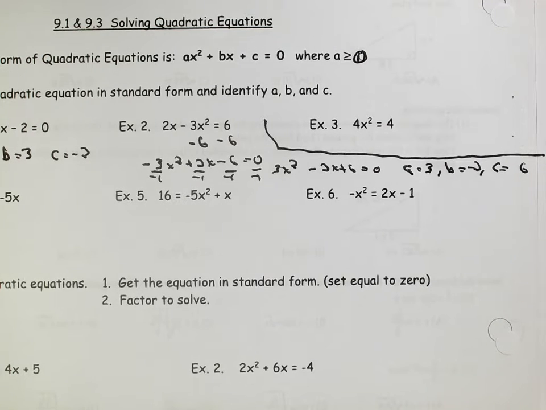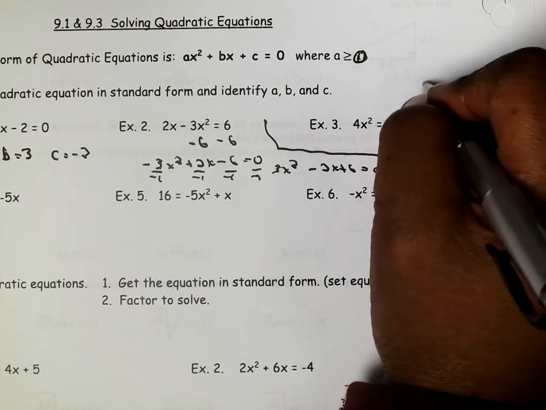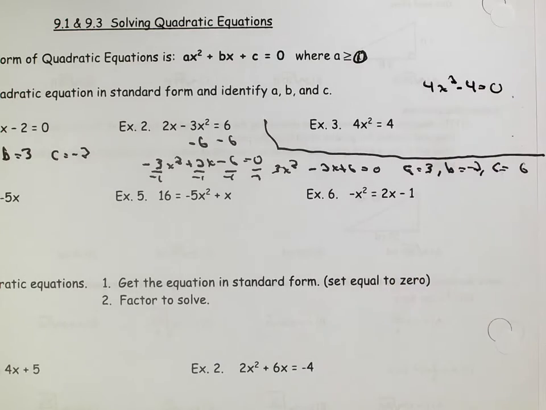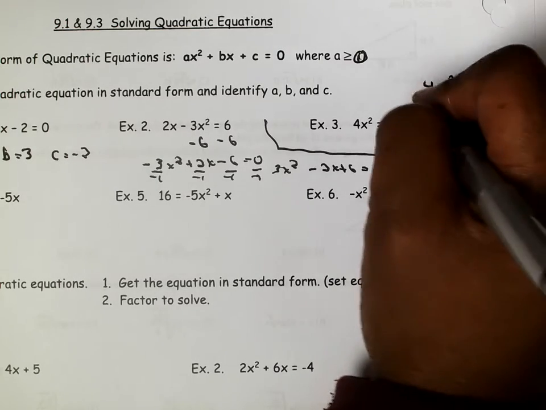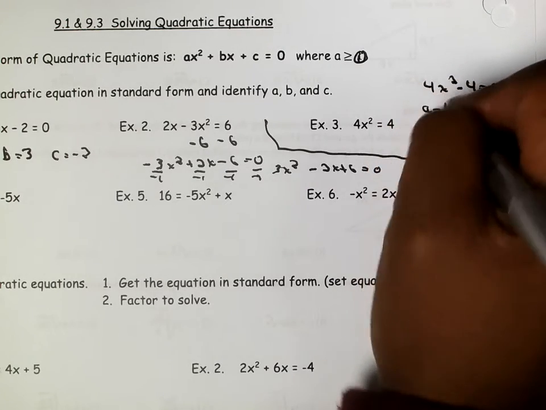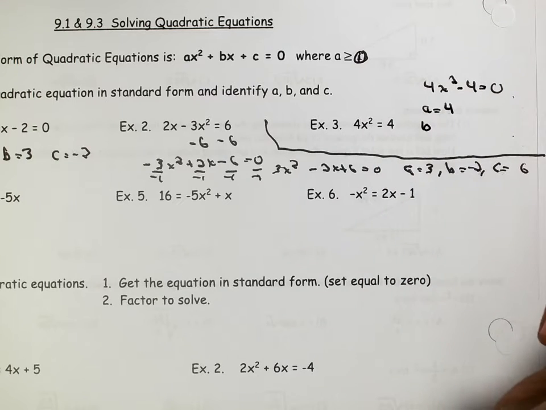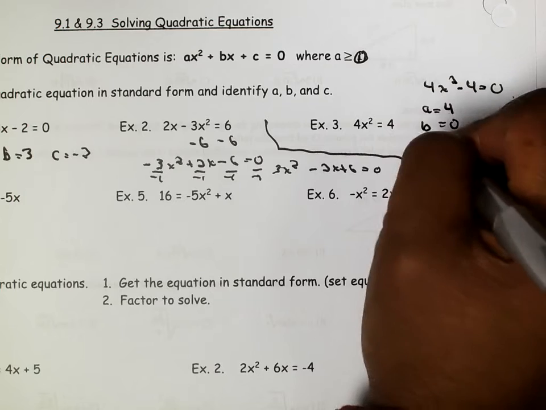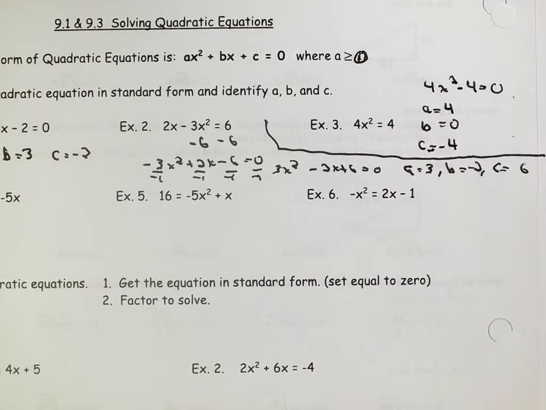Number 3 is also not in standard form. So I have to move that 4 over. I'm going to rewrite it as 4x squared minus 4 is equal to 0. So in this case, my a term is 4. There is no x there, right? So my b term is equal to 0. And my c term is equal to negative 4.